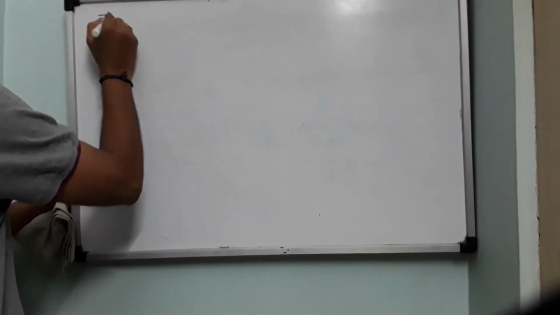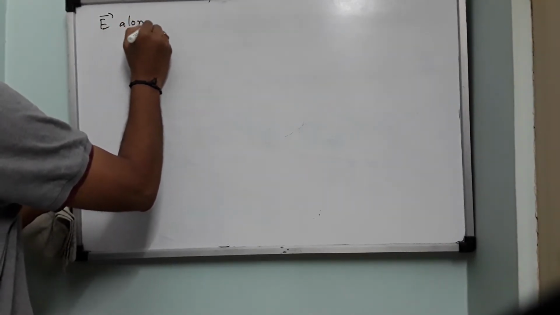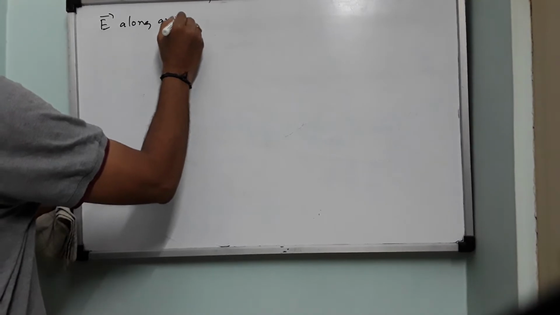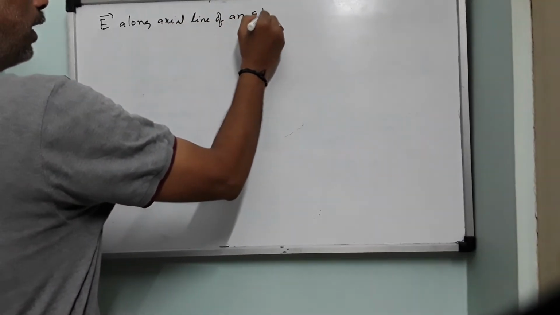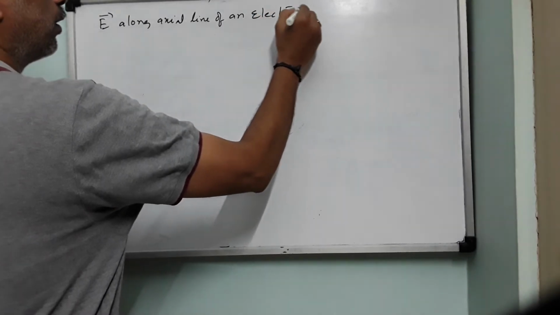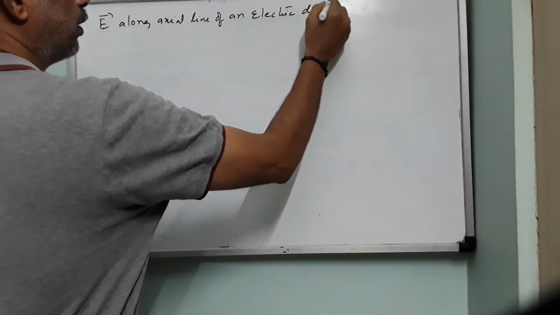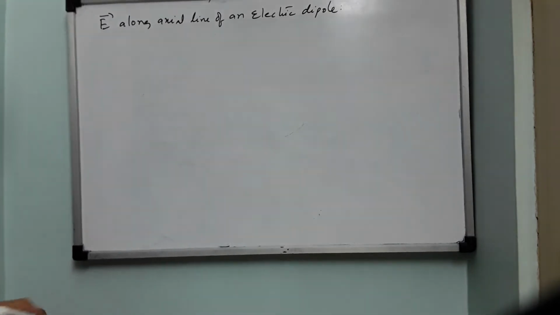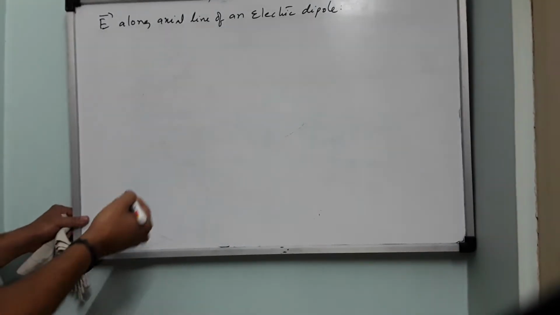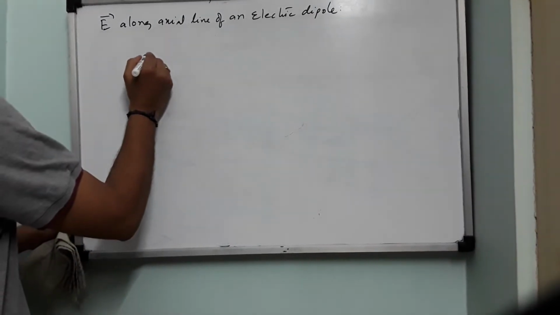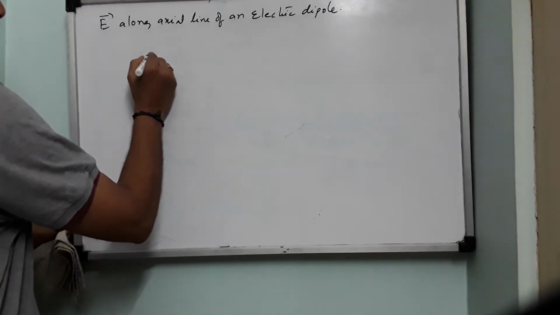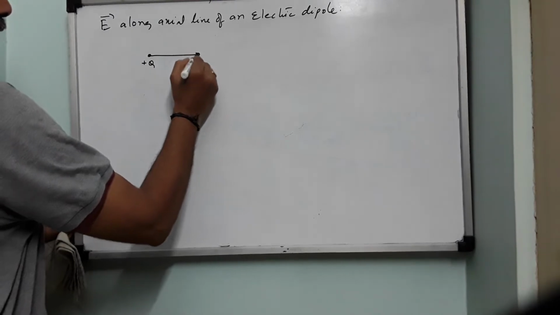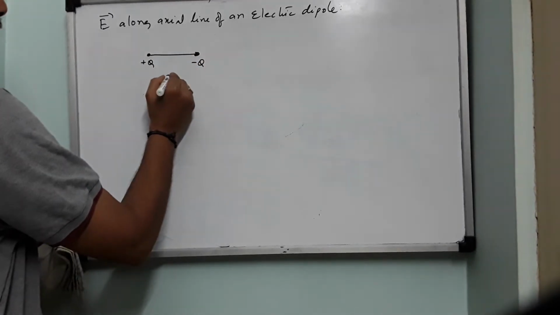So now we make the calculations of electric field strength. Electric field along the axial line of an electric dipole. Here we have plus q, and at some distance we have minus q.